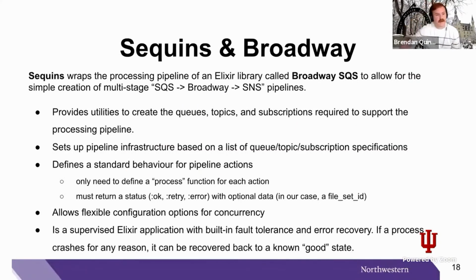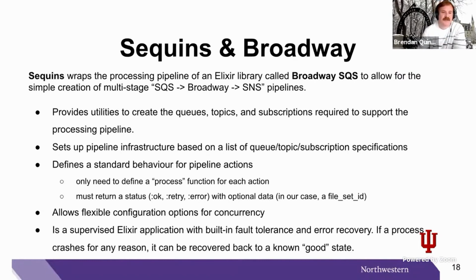The way that we handle our pipeline is through an Elixir package called Broadway, which allows you to take Amazon SQS messages and pull them to process in Elixir modules. And we wrote at Northwestern a wrapper library around that called Sequins. So the joke is about Broadway and Sequins, and SQS and SNS.